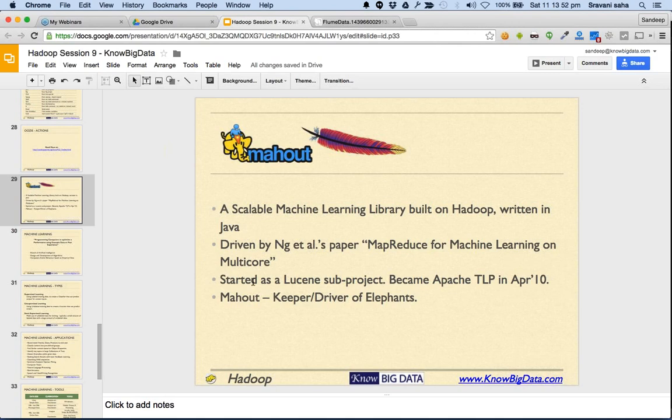Mahout comes from a Hindi word, and it means a person who keeps or drives an elephant. Okay? He sits on the elephant and controls it. So Mahout is basically a collection of algorithms. It's a library of algorithms for various kinds of machine learning work.